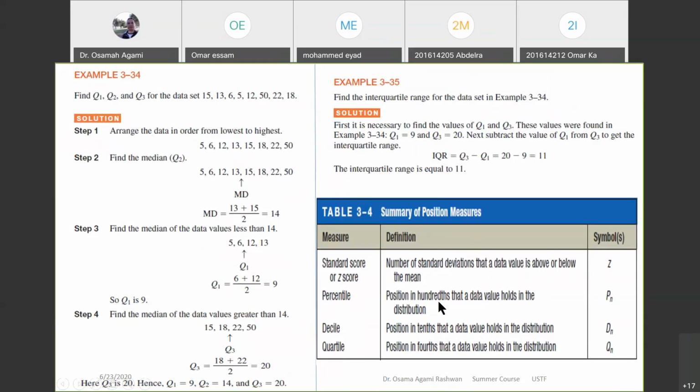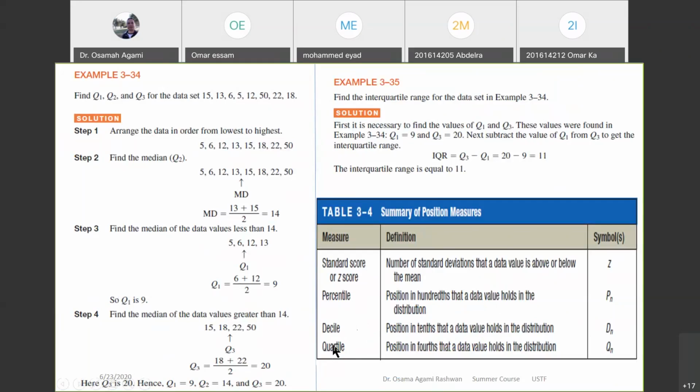Percentile is exactly the position value when I'm ranking my values from 0% to 100%, which I call the cumulative relative frequency. Okay. Decile is this one from the percentage. This is 1 out of 10. So I don't care about this one.